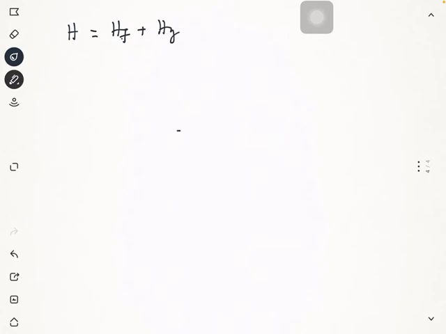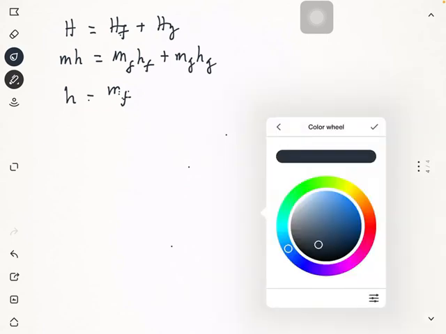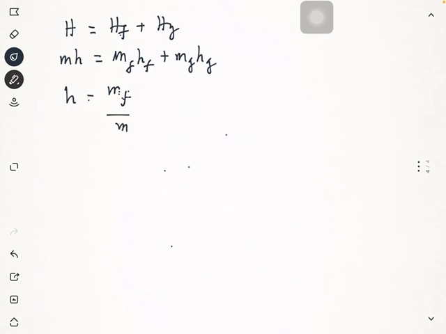So here mass times the small letter h, we have Mf hf plus Mg hg. So we have h equals Mf over M, hf, plus Mg over M, hg.